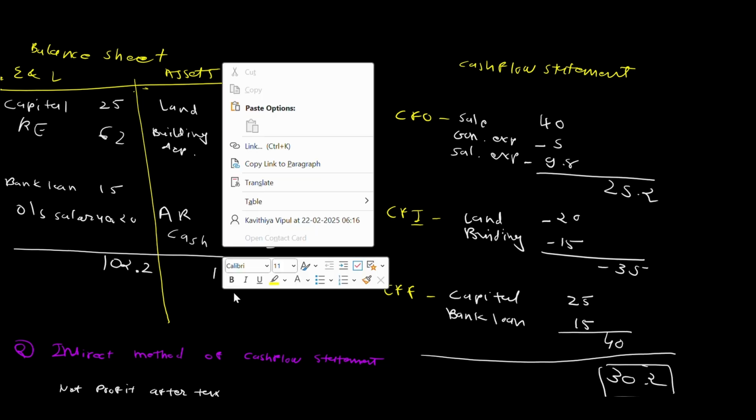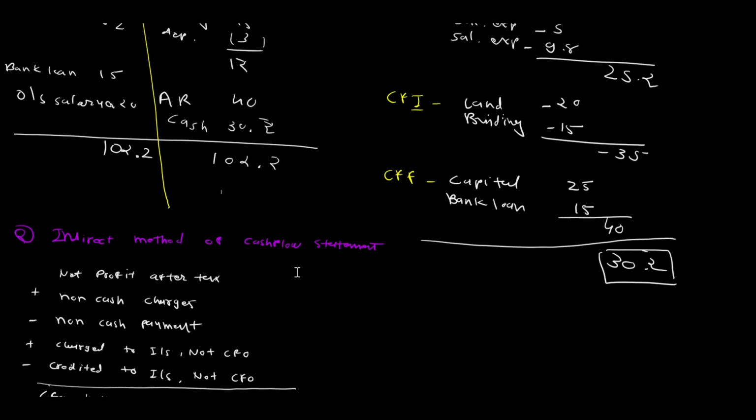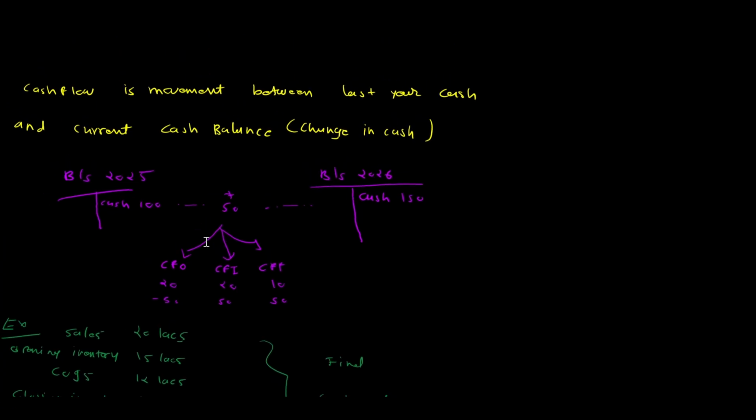movement. If the company has beginning cash at the start, then the beginning cash plus this gives the closing cash.